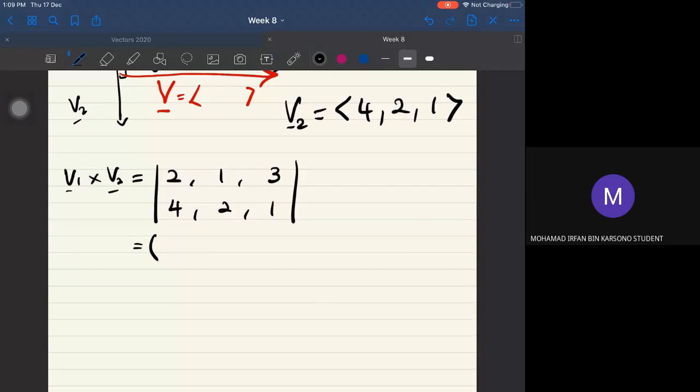Okay, cross product between vector V1 and V2, hasil dia you akan dapat.